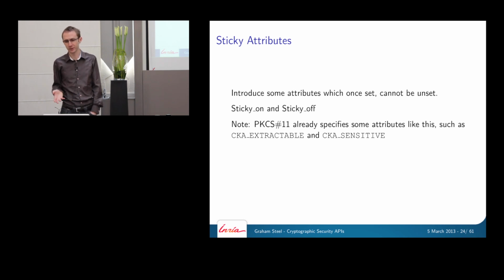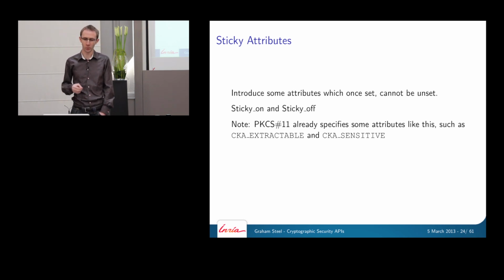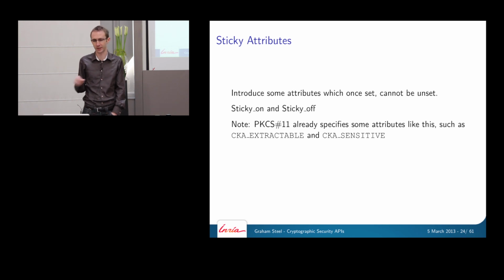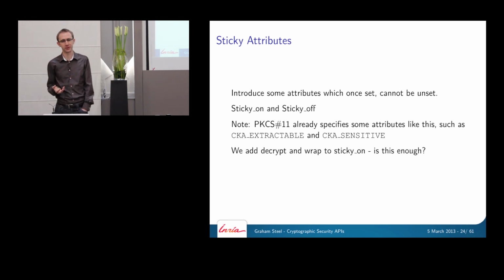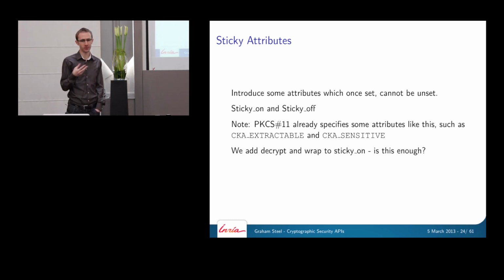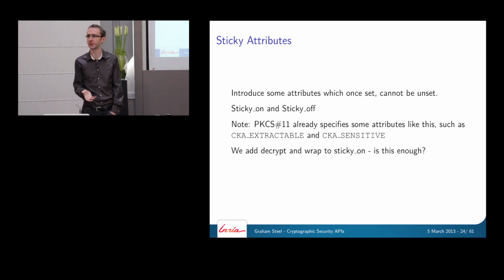And CKA sensitive is the same, it's a sticky on attribute. Once it's been set to true, I'm not allowed to set it to false. So if I just add decrypt and wrap to the set of attributes which, once you've set them on, you can't set them off again, that should prevent the previous attack, right? Because now I can't unset wrap and then reset decrypt afterwards.